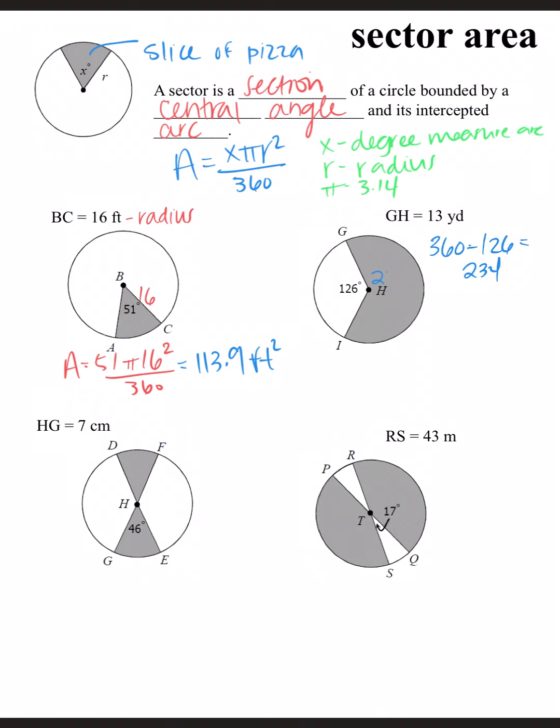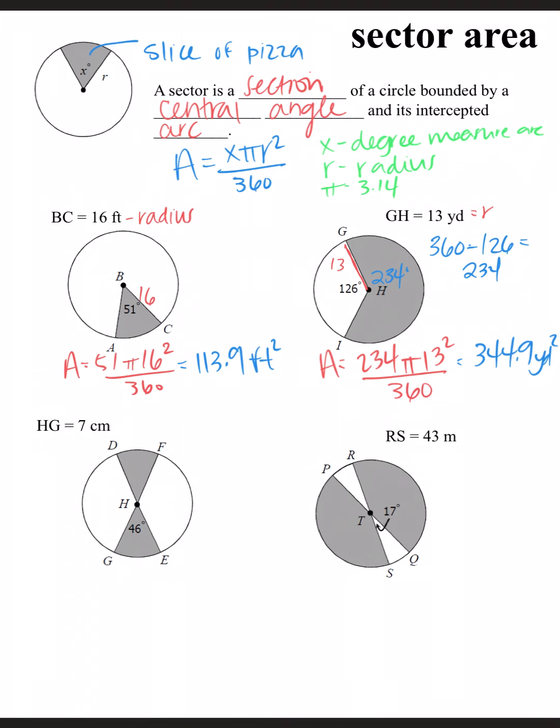So the degrees here is 234 degrees. And that's what I'm going to use for my area. Area is going to equal 234 times pi. What's our radius? It says GH is 13, so that's our radius. 13 squared divided by 360. And that is 3,449 yards squared.